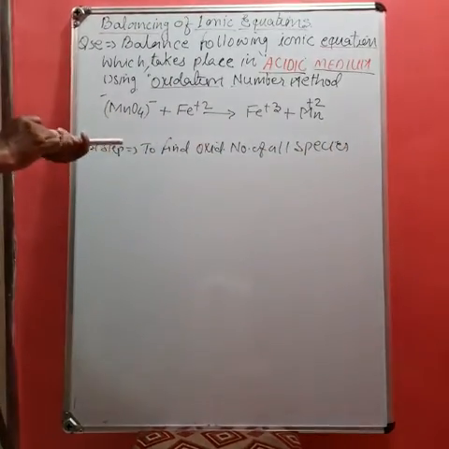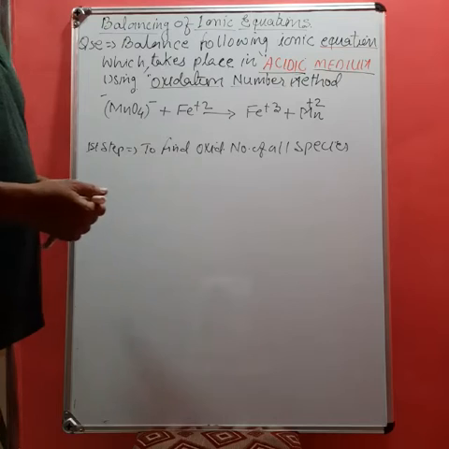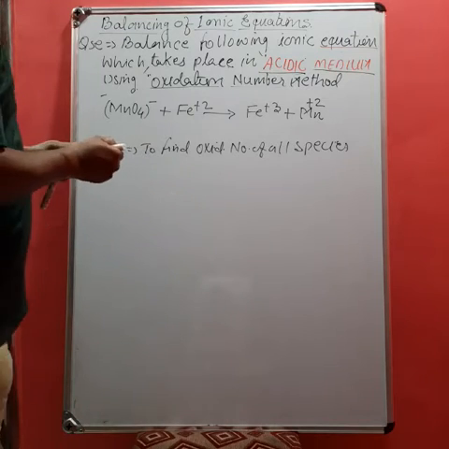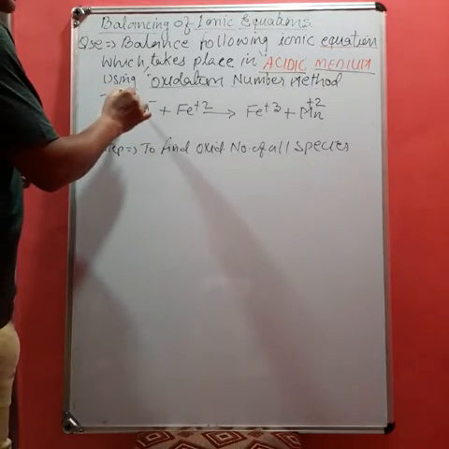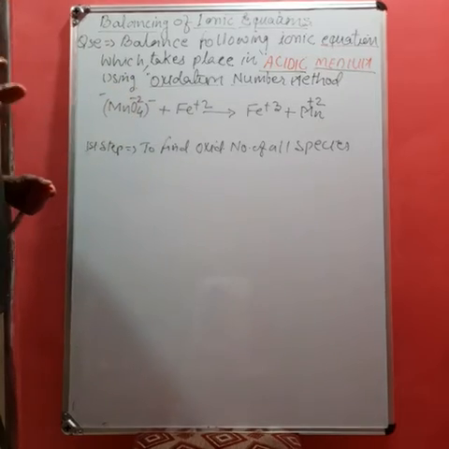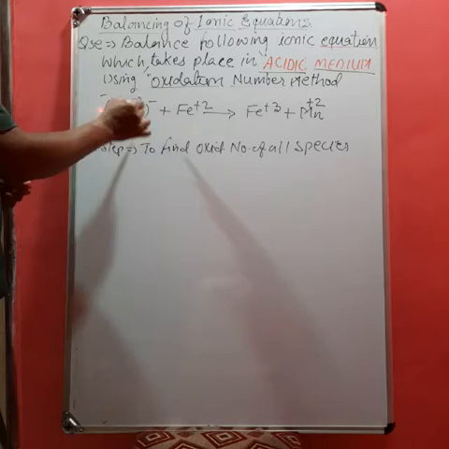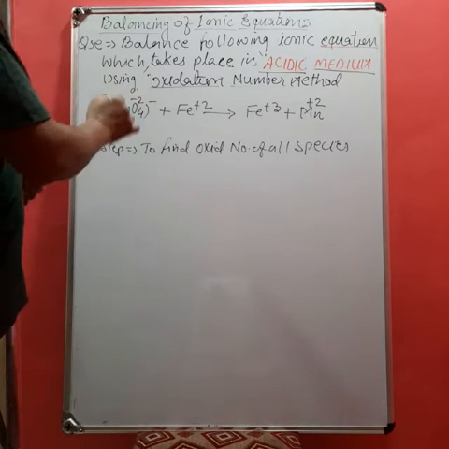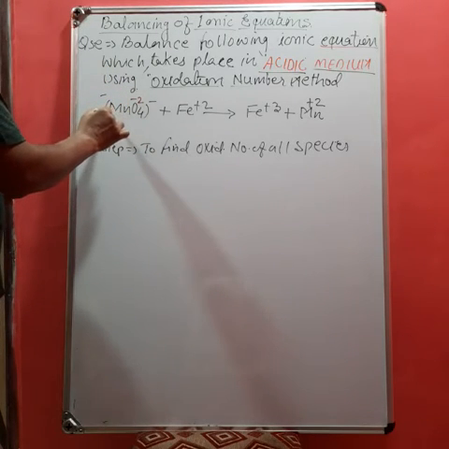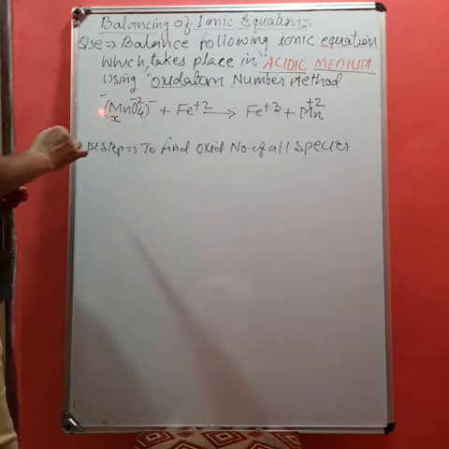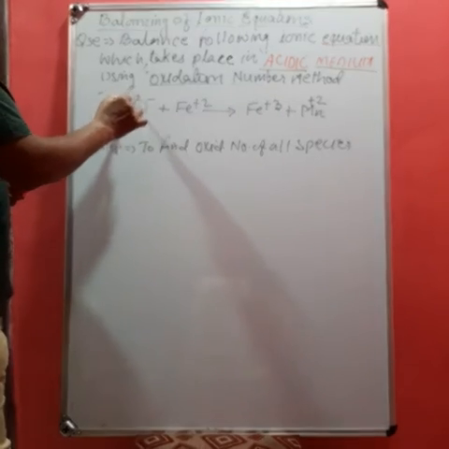Now, how to find the oxidation number? It is very easy. In the previous class we have seen it. The oxygen's oxidation state is -2, which is its common oxidation state. With the help of it we can find the oxidation state of manganese. Suppose Mn is X, and 4 times -2 is -8.